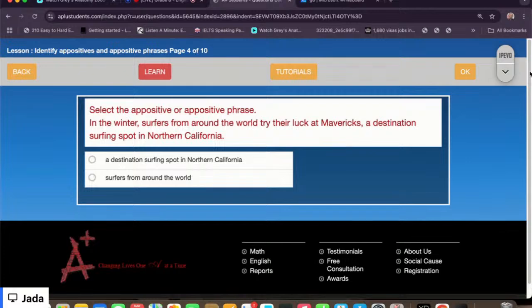Okay. So in the winter, surfers from around the world try their luck at Mavericks, a destination surfing spot in Northern California. So what is the right answer here?